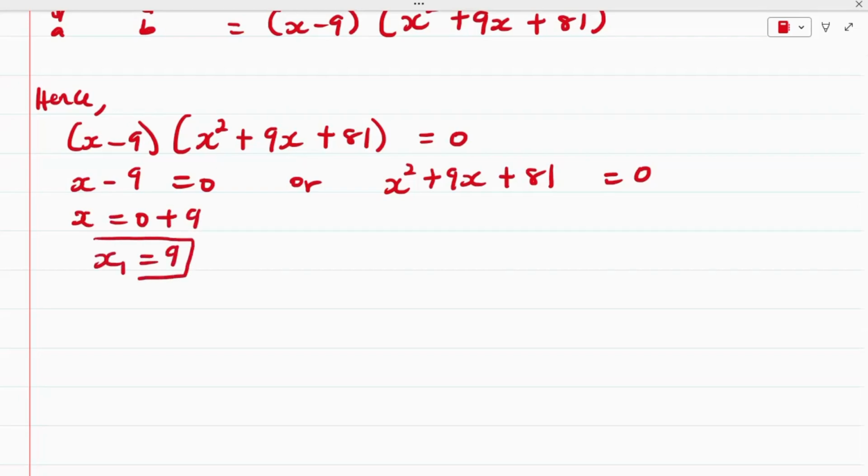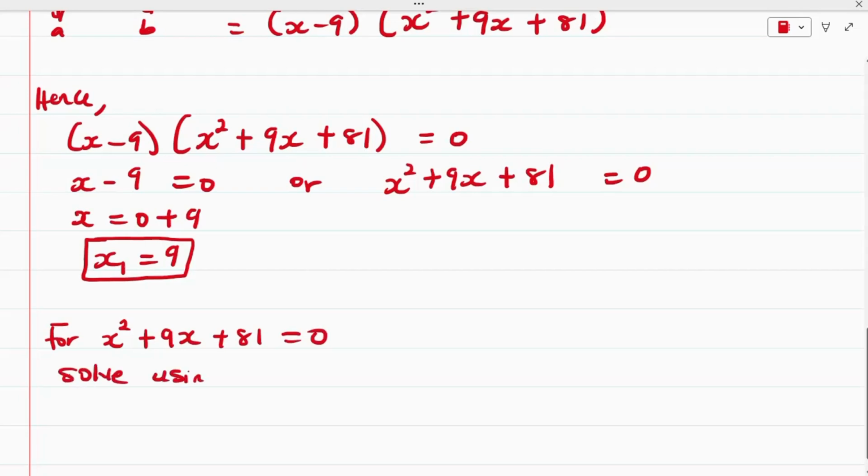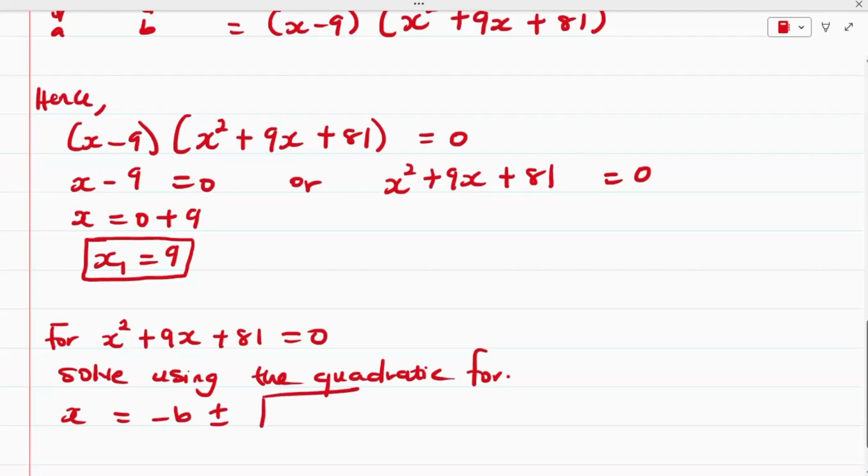So we have been able to find the first value of x. So we're going to say for x squared plus 9x plus 81 equals 0, we are going to solve using the quadratic formula. We have the quadratic formula given as x is equal to minus b plus or minus the square root of b squared minus 4ac all over 2a.